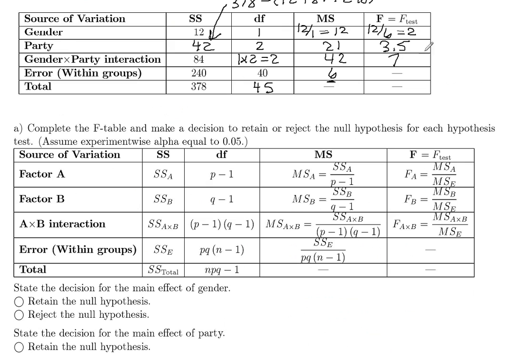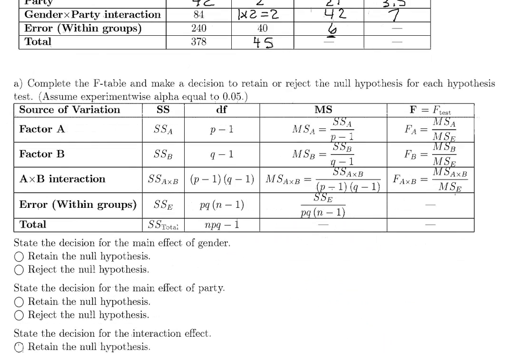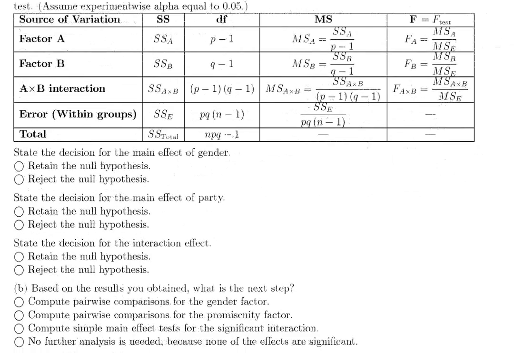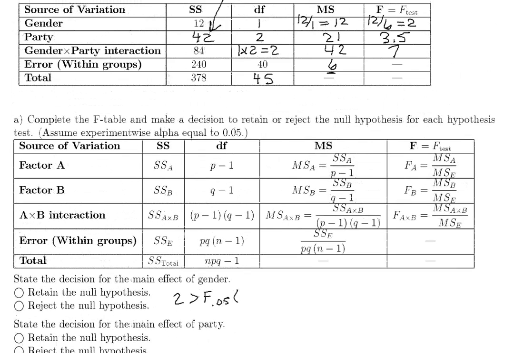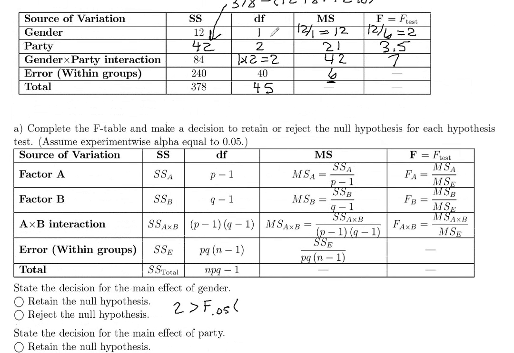So this 2 here, we need to test that. Is that 2, which is our test statistic, greater than the critical value F.05? The numerator is gender, which has degrees of freedom 1. The denominator is error, with degrees of freedom 40, so that's 1 comma 40.